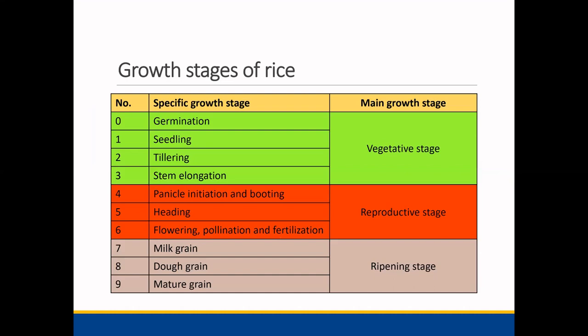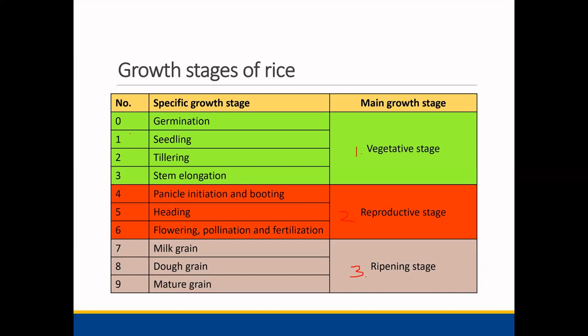Now we will go into the specific growth stages under these main growth stages. We said there are three main: the first is vegetative, the second is reproductive, and the third is the ripening stage. When we have subdivisions for growth stages, there are different labeling methods available.